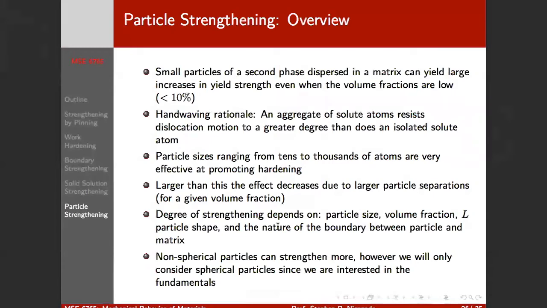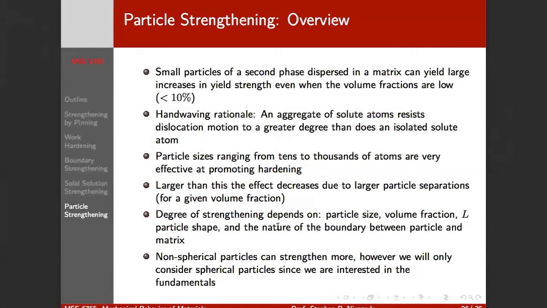Now we have secondary phase particles, right? So particle sizes. What's our gold standard for sort of particle strength? What do we really want? We look at precipitation hardened aluminum alloys.